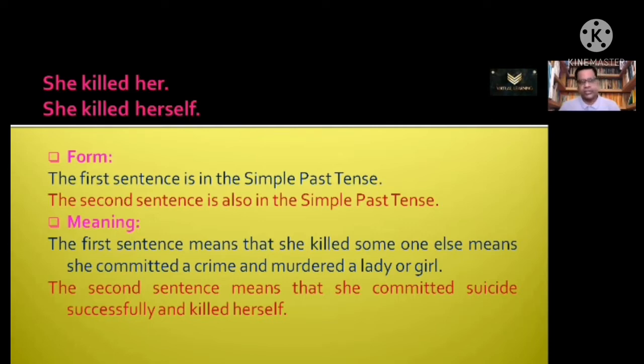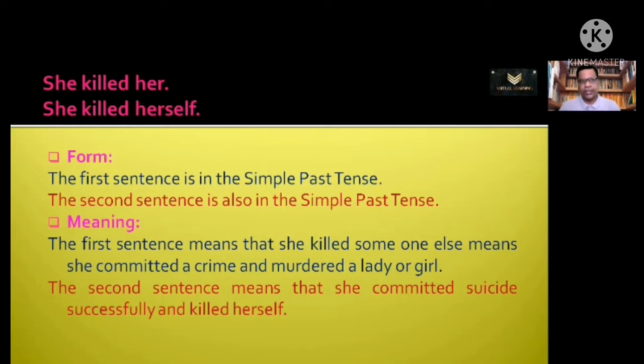The third element in both the sentences is a pronoun. In the first case, you have HER, her, which is a possessive pronoun. She, subject, killed, verb, her, possessive pronoun, functioning as the object of the sentence.